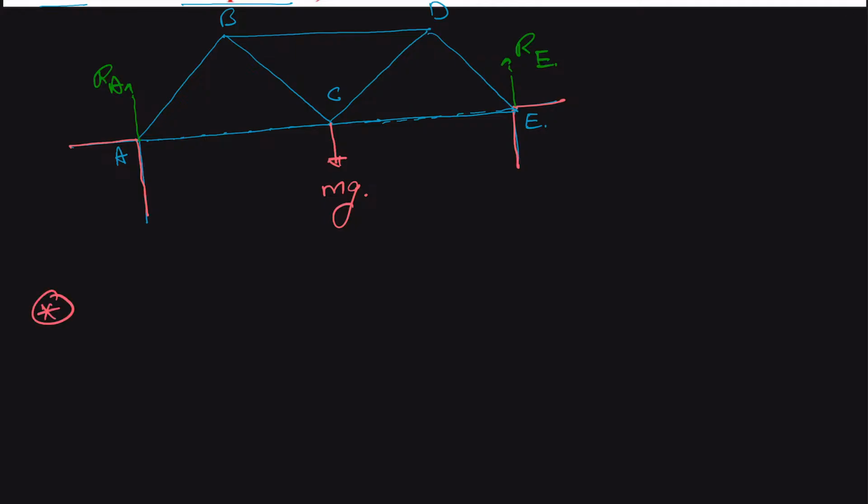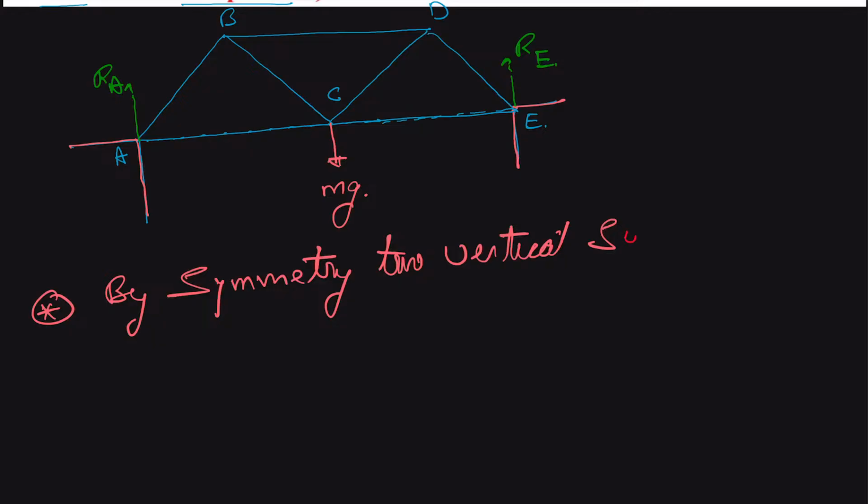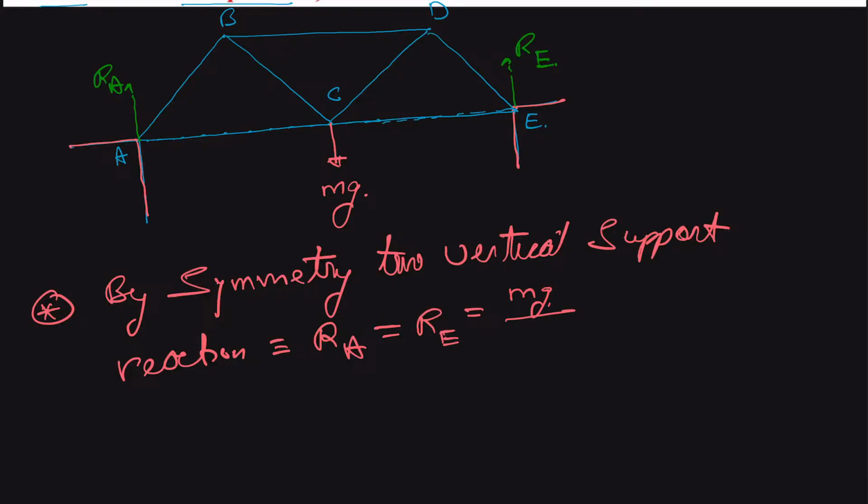So we can write that by symmetry, the 2 vertical support reactions, which are RA and RE, are equal, and the weight mg will be equally distributed among them.